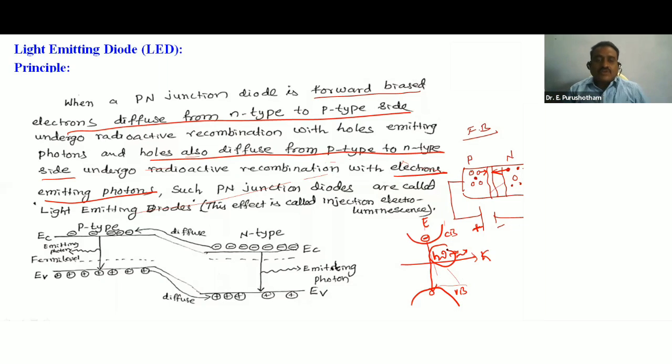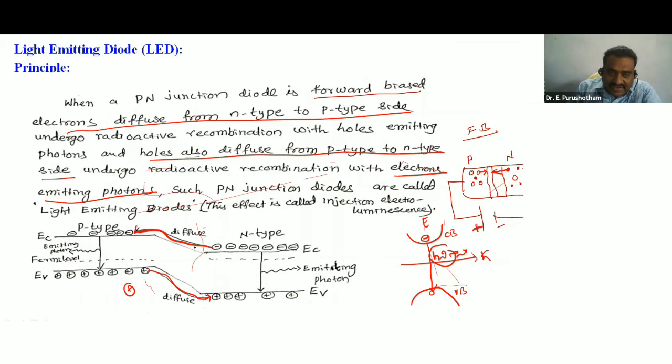You can also observe in this figure, when the PN junction diode is in forward biased, the holes, this plus means positive, diffuse from p-type to n-type semiconductor. Electrons diffuse from n-type to p-type semiconductor.